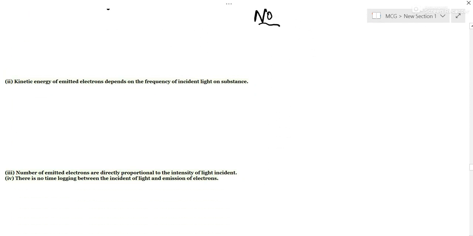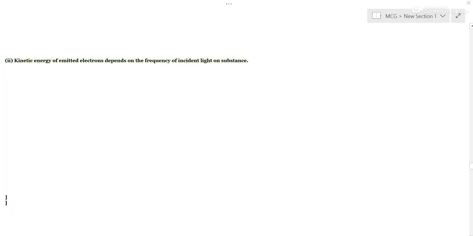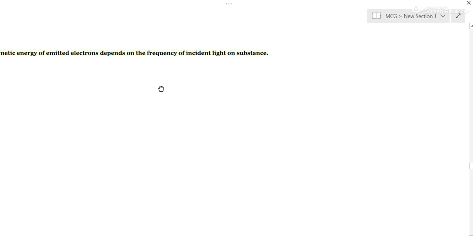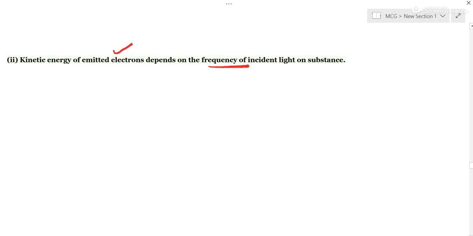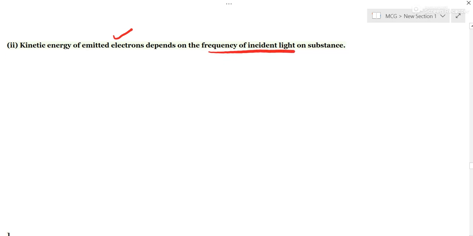Let us pick up the second law. The second law, which can be shown on the basis of Einstein's photoelectric equation, is: kinetic energy of the emitted electrons depends upon the frequency of the incident light. Again you will pick up the Einstein equation: E is equal to work function plus kinetic energy max.